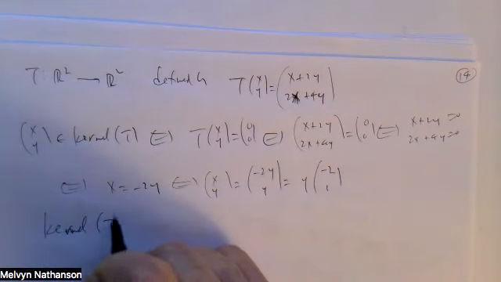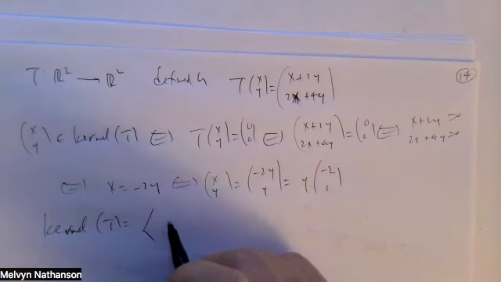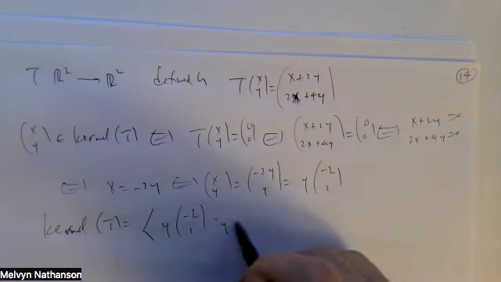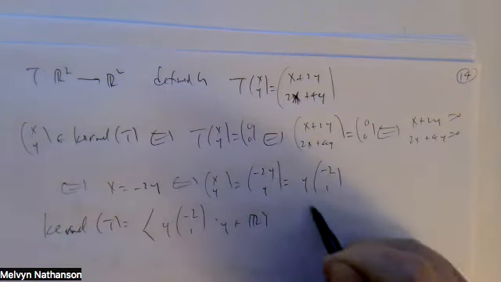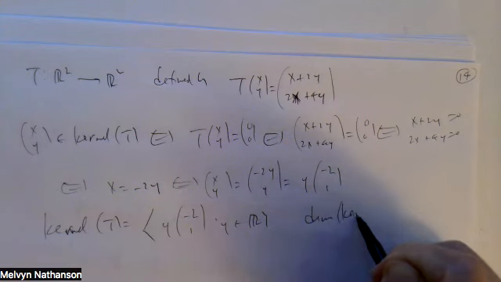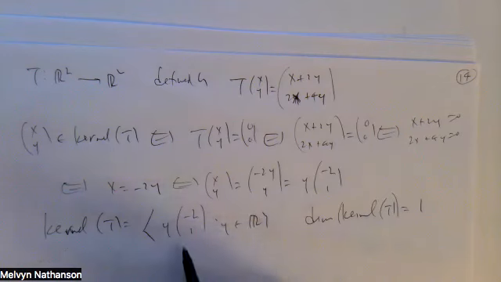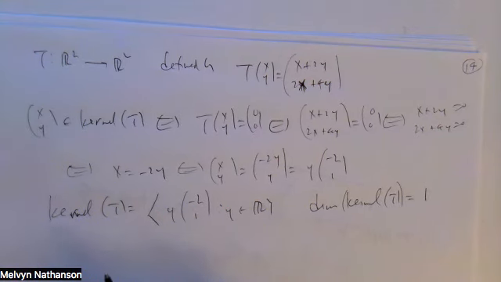So the kernel of T is the set of all scalar multiples of the vector (minus 2, 1). So the dimension of the kernel of T is 1. This is a one-dimensional vector space. It's all scalar multiples of this one non-zero vector.